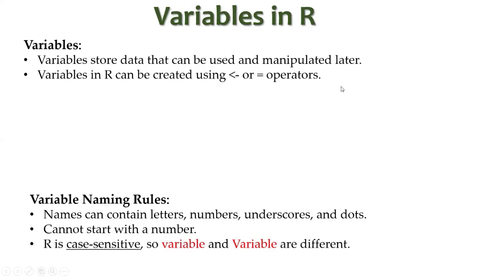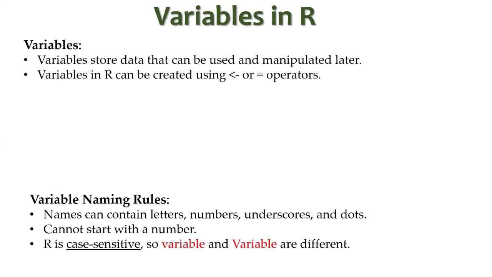And then there are also rules in choosing your variable names. All your variable names can contain letters, numbers, underscores, and dots. But you cannot start a variable name with a number. And as previously said, R is case sensitive.